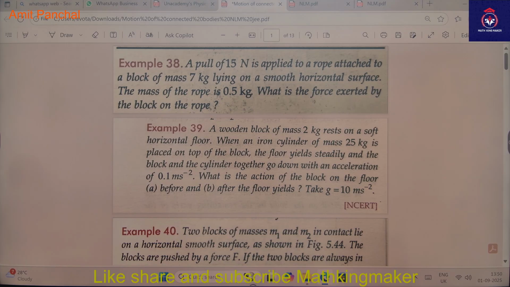In the second one, the normal reaction force will also come into the picture. So just draw a free body diagram and try to solve this question. Just consider what force is in which direction.